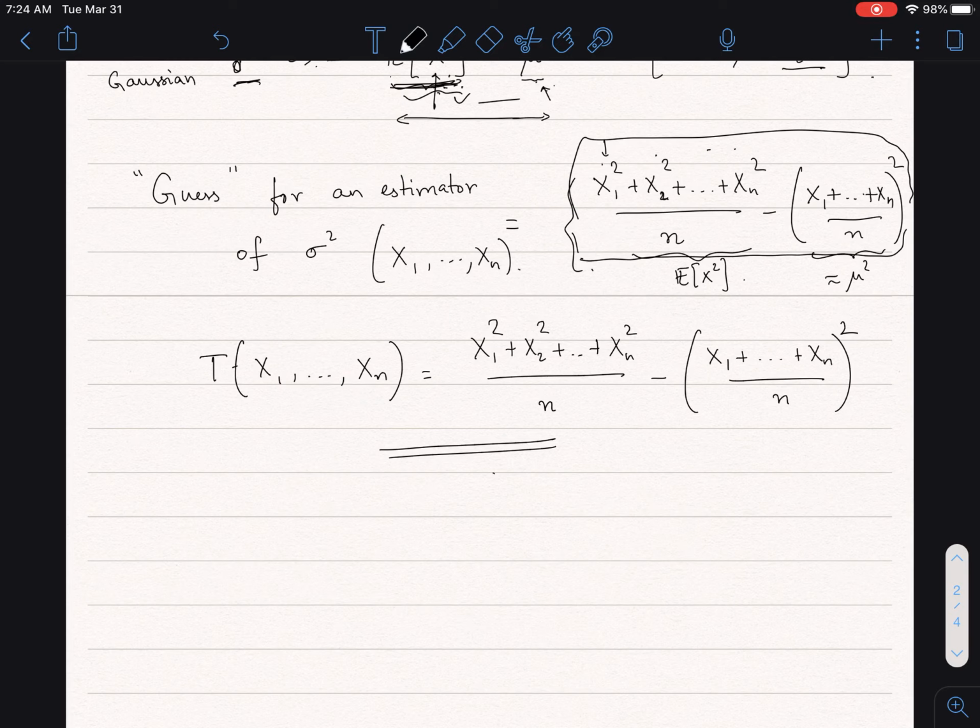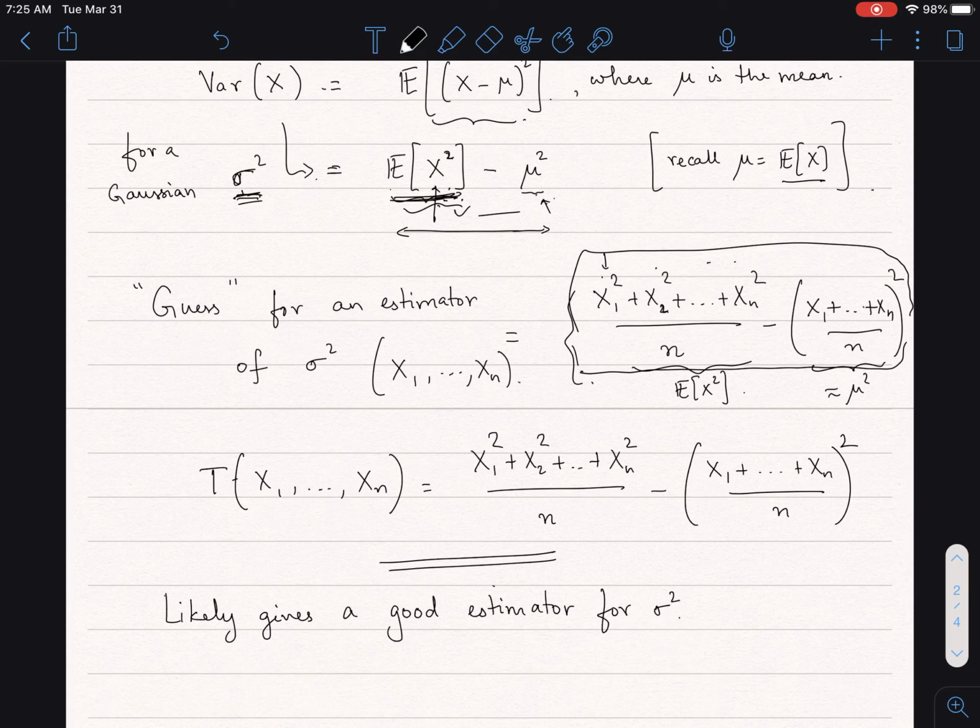This likely gives a good estimator for sigma squared, because we know that sigma squared is equal to the expected value of x squared minus mu squared, and I plugged in the empirical values for the expected value and for mu and its square.